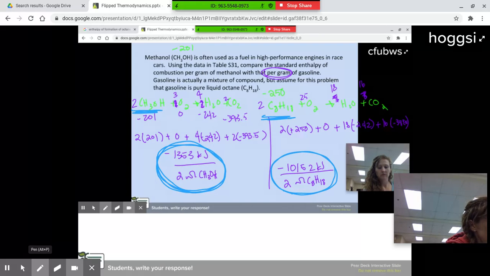See if you can get it from the amount of kilojoules per reaction, which is for 2 moles of methane and 2 moles of octane. Get that into per gram of methane and per gram of gasoline.